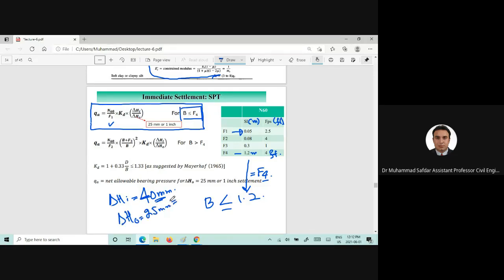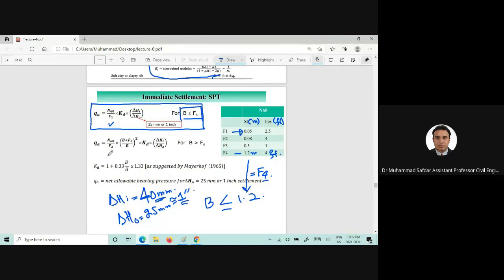The standard value is equal to 1 inch. So delta H_i will change based upon the question which we ask in an exam, quiz, assignment, or even in the field. So based upon that, using the N60 data, we can estimate the settlement.